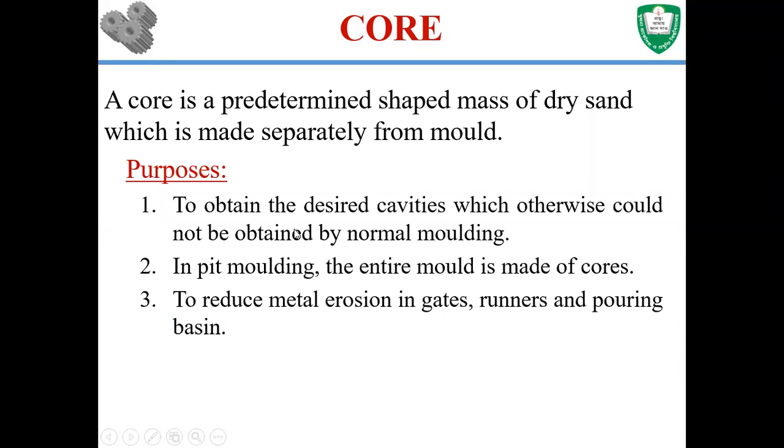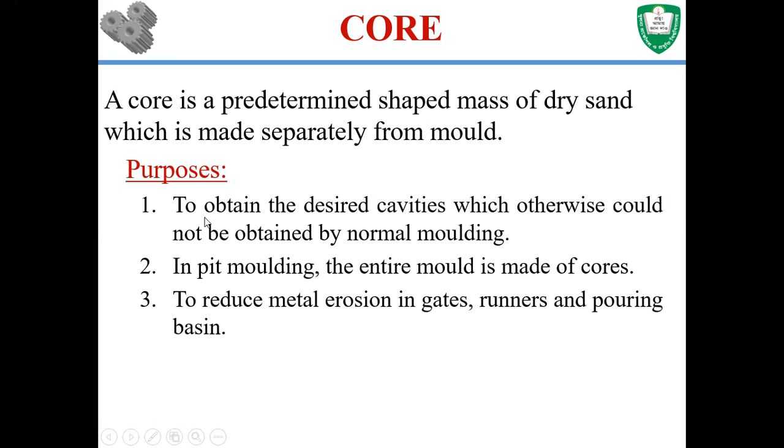To go to the formal definition, a core is a predefined shaped mass of dry sand which is made separately from the mold. We don't make the core in the mold, we make it separately using a casting method and then use that core in the mold to get the cavity in the final product.